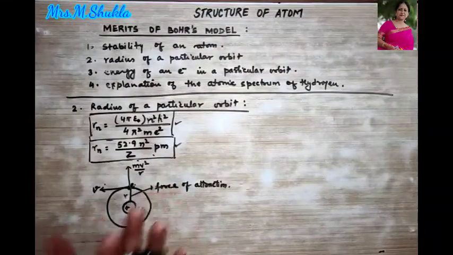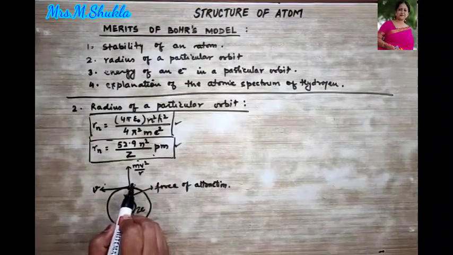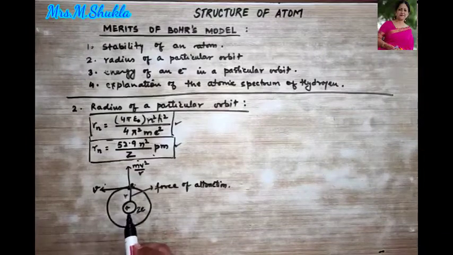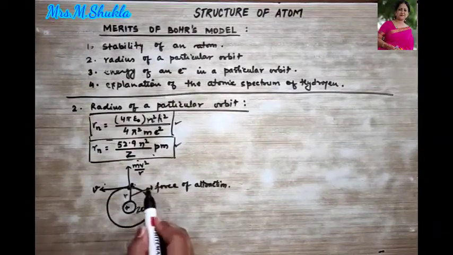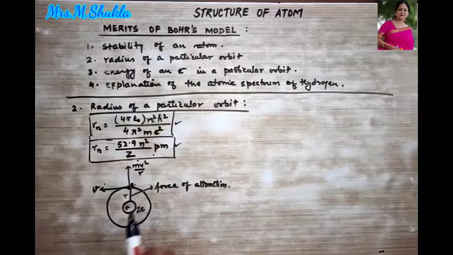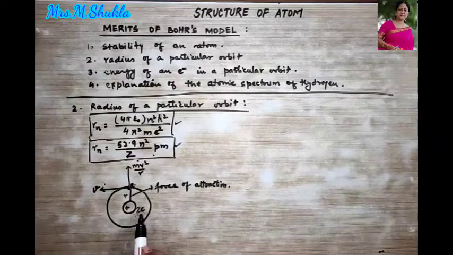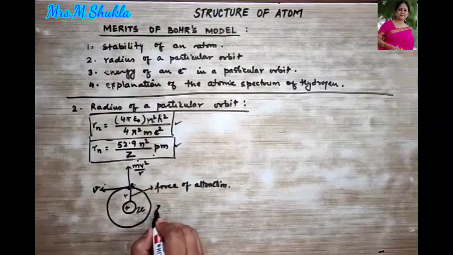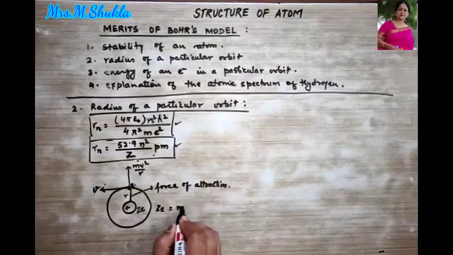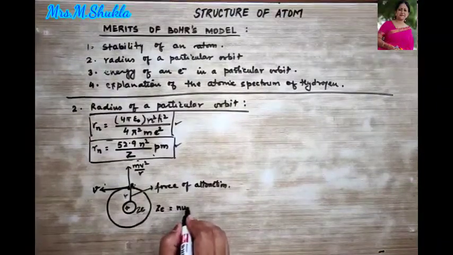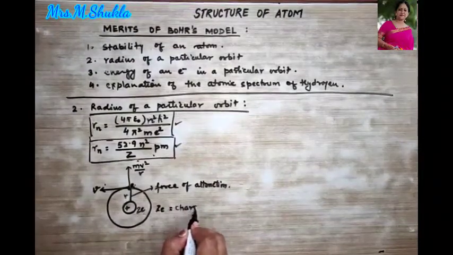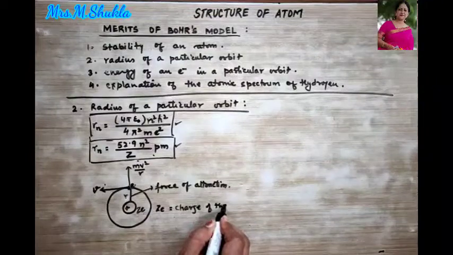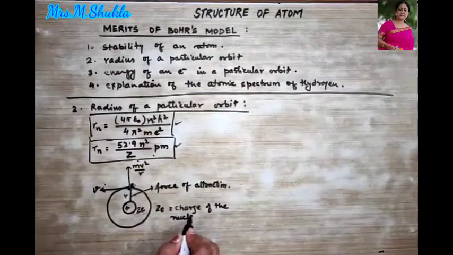Now considering an electron of mass m and a charge e over it, which is revolving around the nucleus, right? Nucleus of charge Ze. This is Ze, the charge of the nucleus.